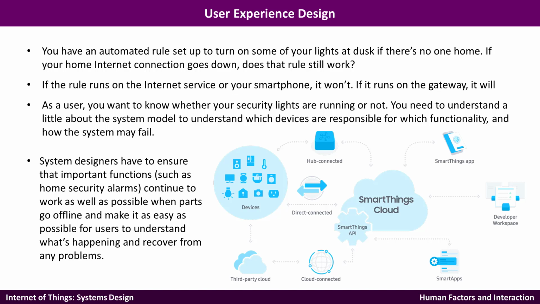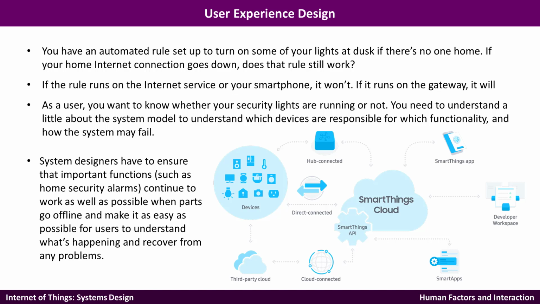The system behavior could also be changed depending on where the particular piece of code would run. So in the previous example of a smart lighting system, if the internet goes down, could the system work? And the answer depends on where you run the code.